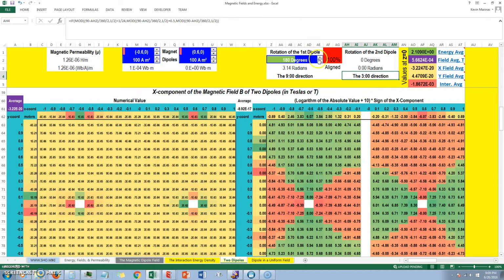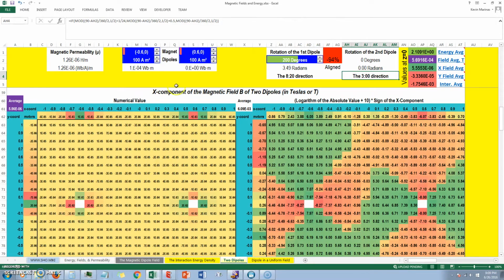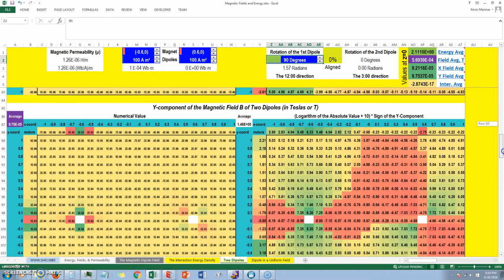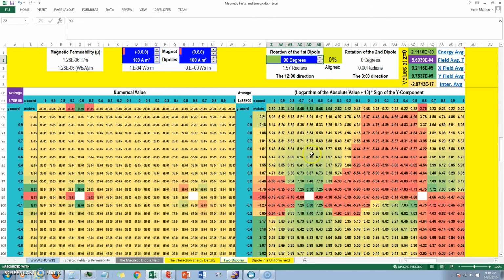Now if I rotate this, and this is the x component here, let's look at that one. So we have a magnetic field going up like this, then pointing left and right, then turning back around, pointing right here and pointing left here, then pointing back up, where if it points up, it then goes down, goes back up again.